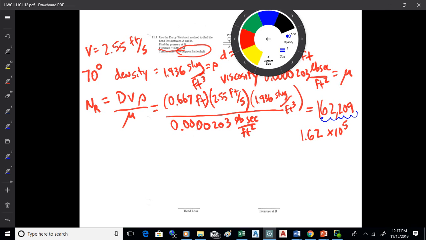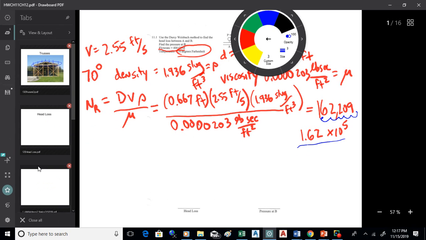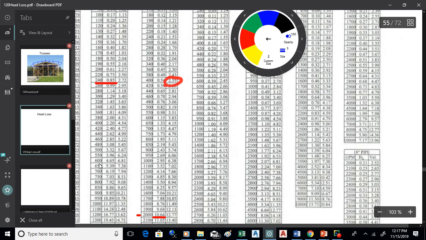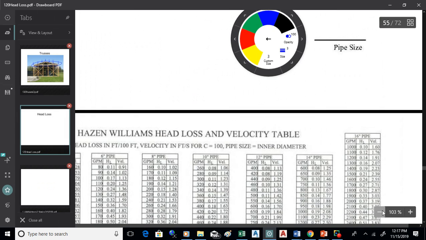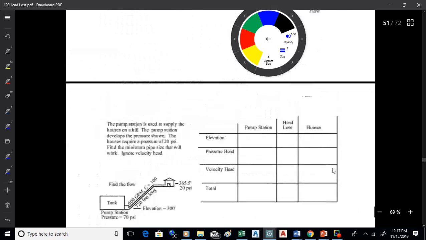All right, so there we go. Now what we want to do here is go to this head loss or friction factor chart, so we have to have a look at that. It's also in your book at the end of chapter 11.